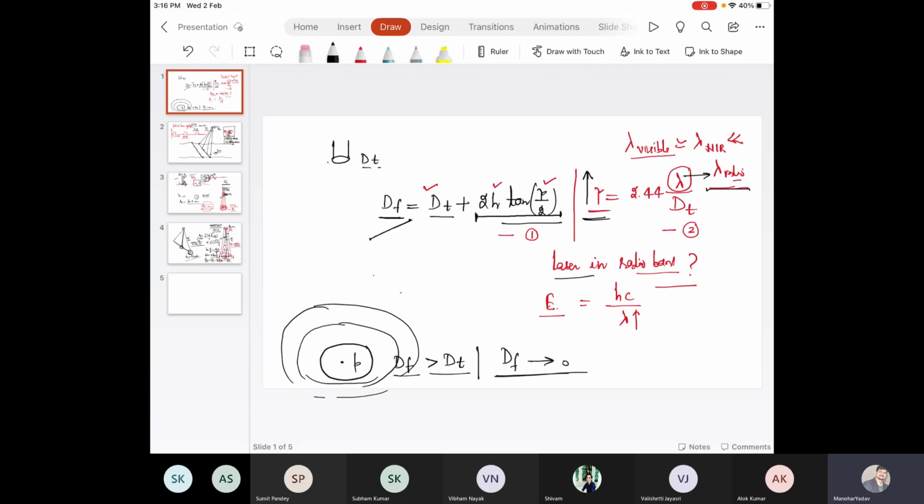Okay, why do we select a green laser in case of bathymetric application for water body mapping? Who will tell me? For the water body mapping, why do we select a laser in the green band?